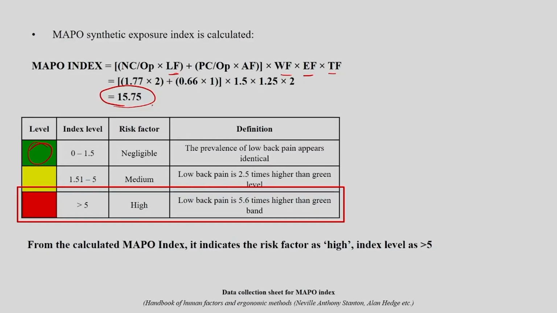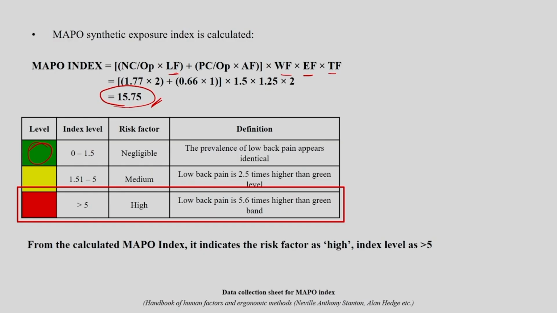By doing all these improvements, you can reduce this particular value, 15.75, and then you can say yes, you have done the intervention correctly.